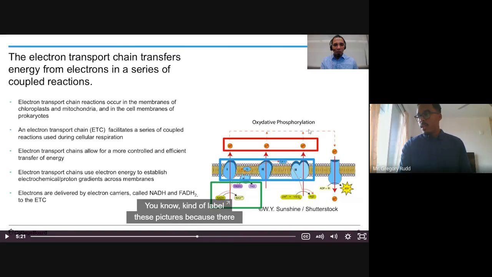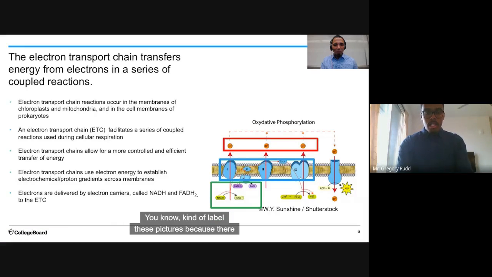And so once we get a whole bunch of protons, and I'll type that into the chat, protons are H plus ions, hydrogen ions, positively charged. That's what we mean when we say a proton in this case.